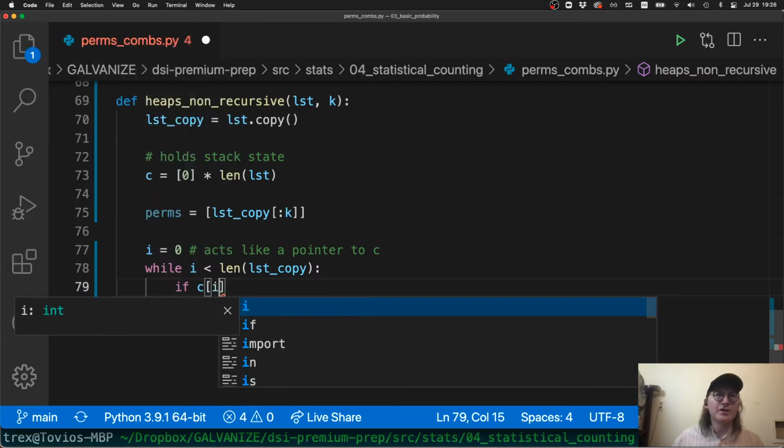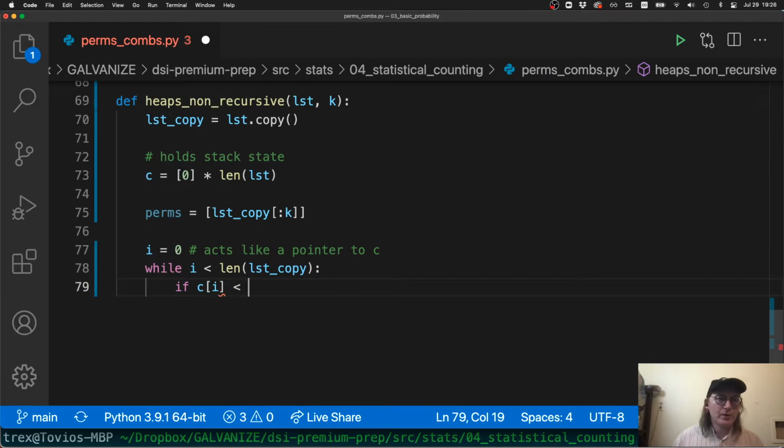So I've got a couple conditions here that I'm going to set. If C sub I, right? So we're starting with I at 0. So if C sub 0 is less than I, okay? Then we are going to do some things.